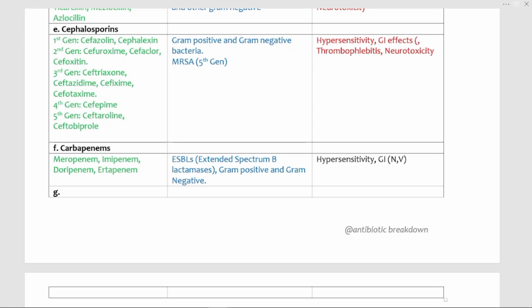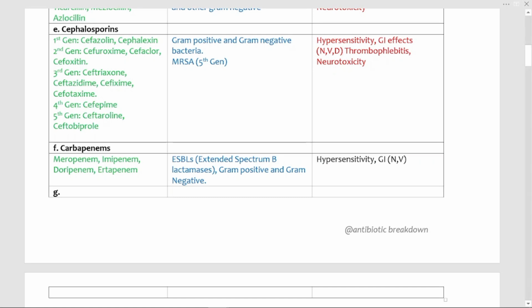When administered intravenously rapidly, it tends to cause nausea and vomiting, and diarrhea. That you have to note. So they always tend to have GI distress. And remember, these drugs also tend to interfere with the gut flora. That's why GI effects are very common when it comes to using antibiotics.